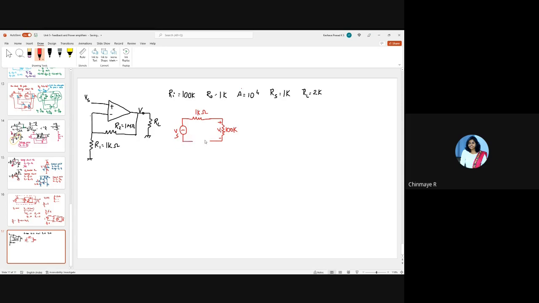Okay, here we have to give a feedback. So now this is basically the amplifier portion. So this gets amplified A times. So this will be 10 power 4 times Vi, correct? Because the open loop gain of the amplifier is 10 power 4. Then you have R0 here, which is 1K. So this is the portion of the amplifier.